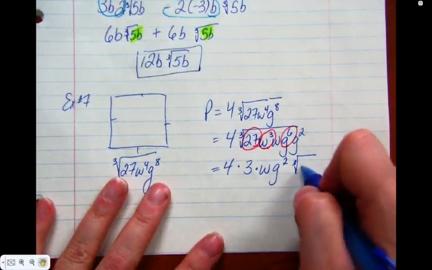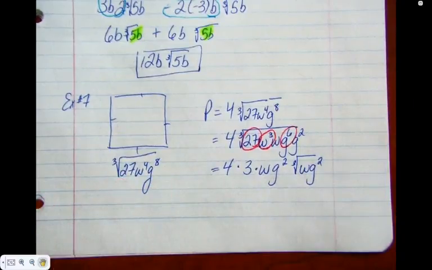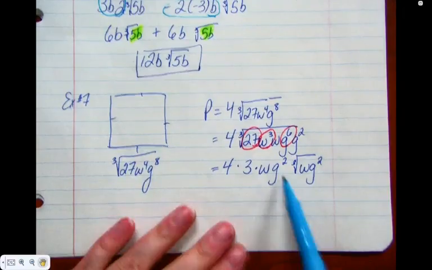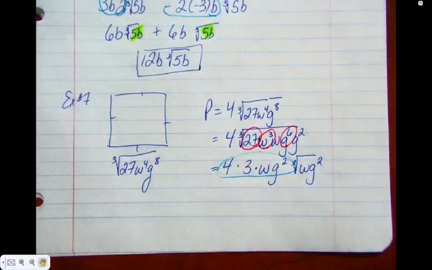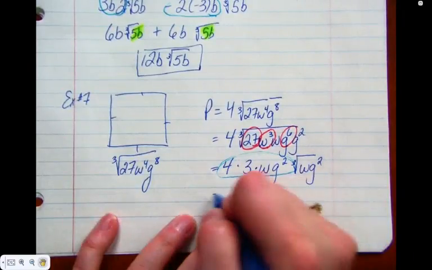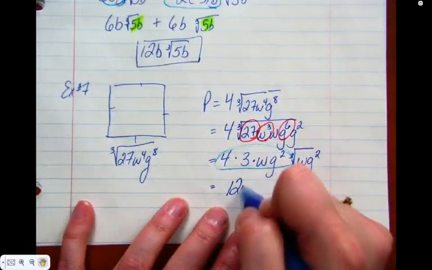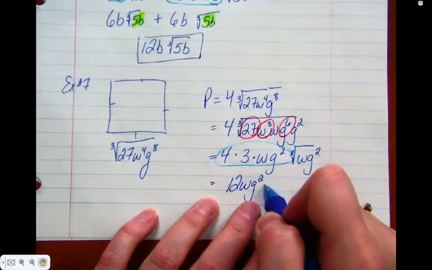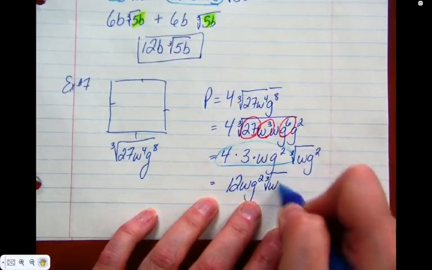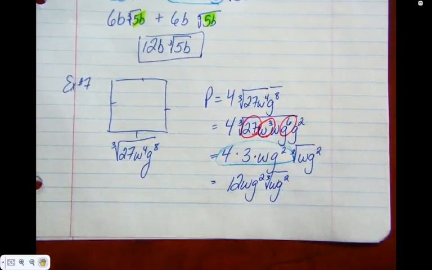What's left under that cube root? I heard a w g squared. And the last step in all of these is simplifying everything in front. It's multiplying, so I have a 4 times a 3 times a w times a g squared. And what's left? There's our final answer.